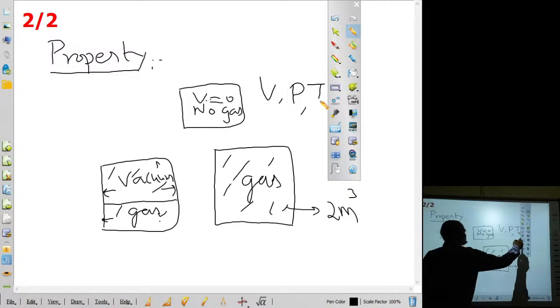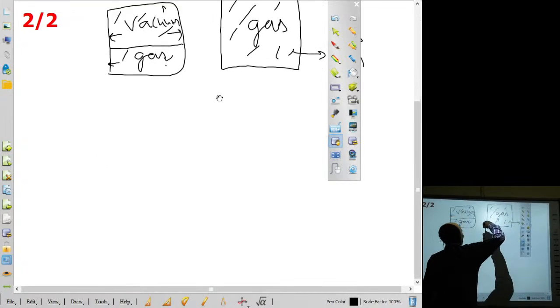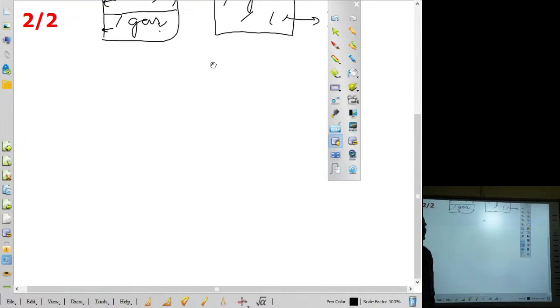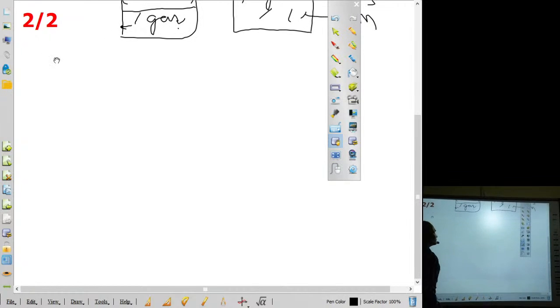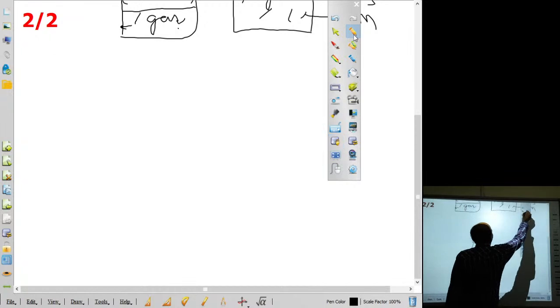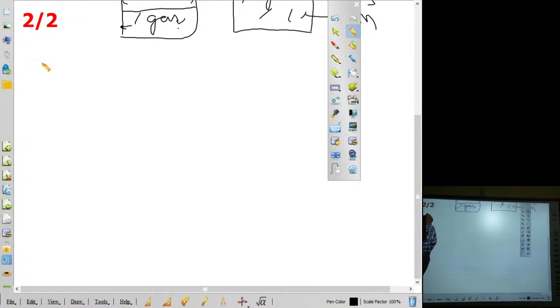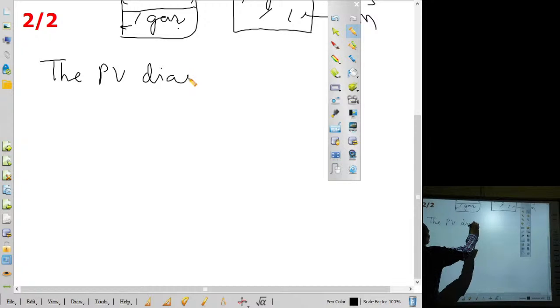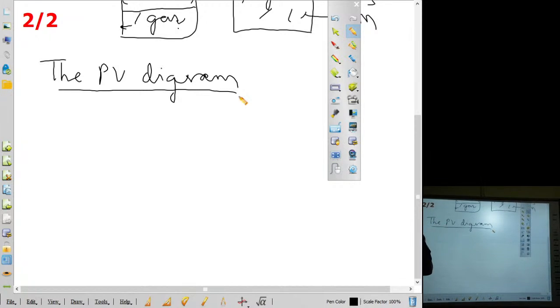Well, the first information is the pressure volume diagram. So, the pressure volume diagram. Right. As the name tells us, in this system, you can see only the pressure and the volume, nothing else.